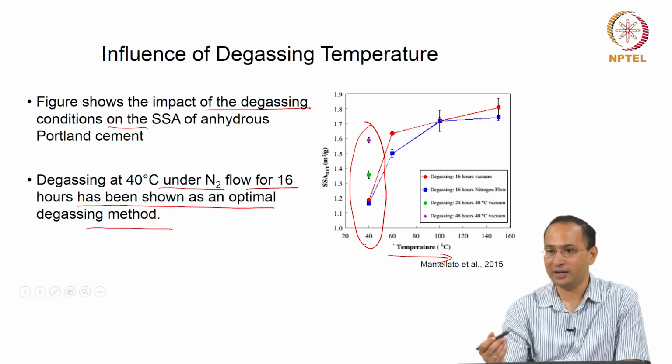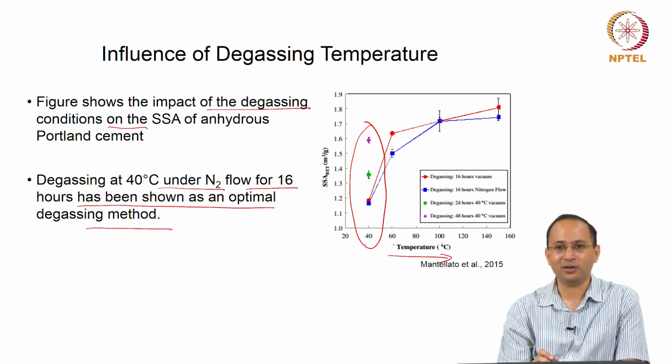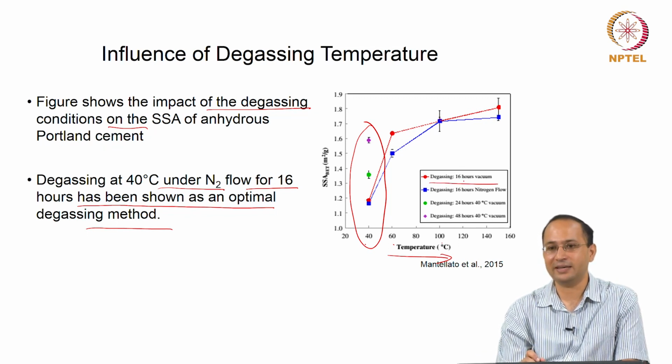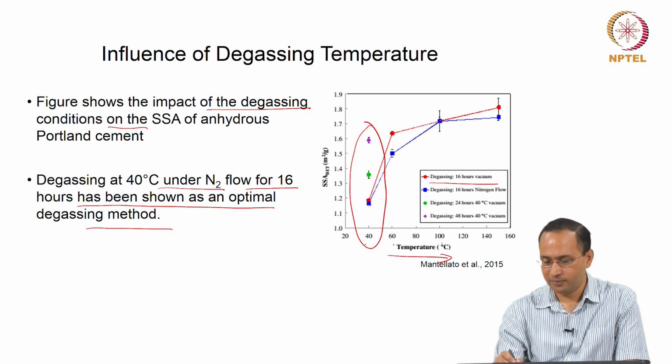If you do it for longer, then it may affect your microstructure, and that will reflect in your measurement. See here, this red one is 16 hours of degassing in vacuum. The blue one is 16 hours in nitrogen flow.